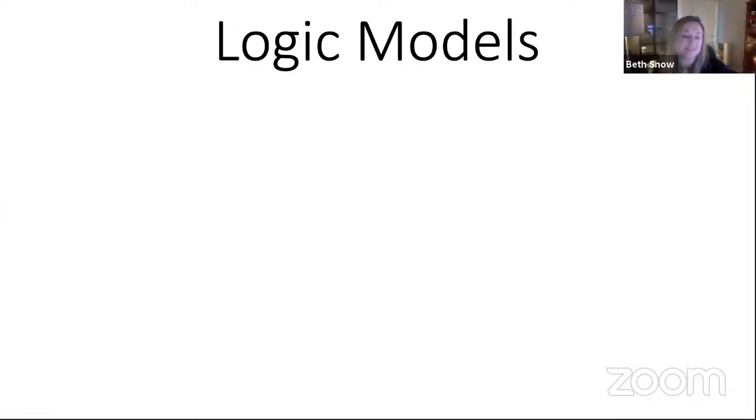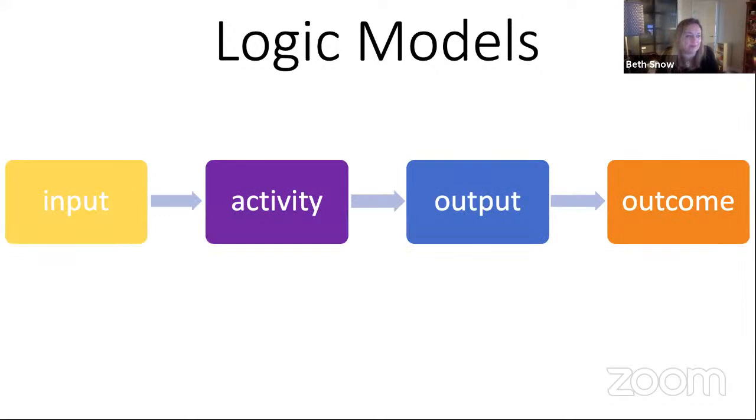Just so that we're all on the same page, because I know oftentimes people use the same words to mean different things, we're going to talk a bit about what logic models are, and then we can go into the demo of the software. A logic model is really a visual representation of your program. It shows the relationship between what you do and what you're hoping to get out of what you do.